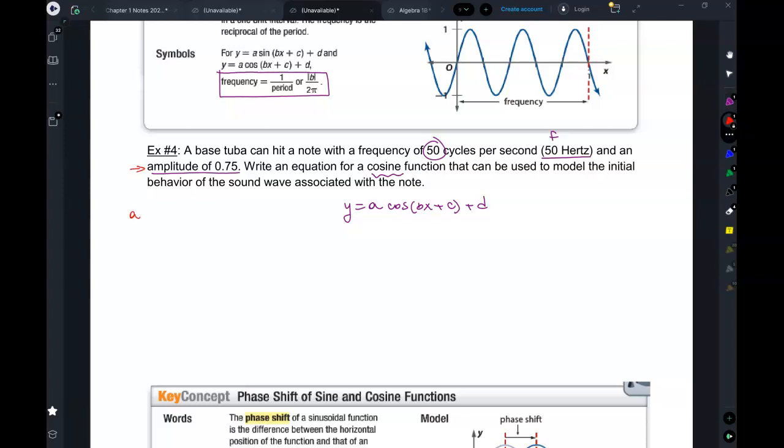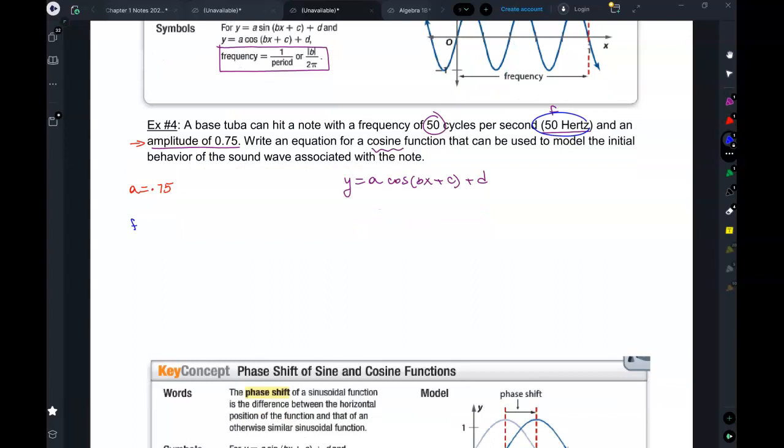A is 0.75. Here I'm given frequency. Frequency is 50 hertz. Now, what was the formula for frequency? B over 2 pi. So b over 2 pi is 50.